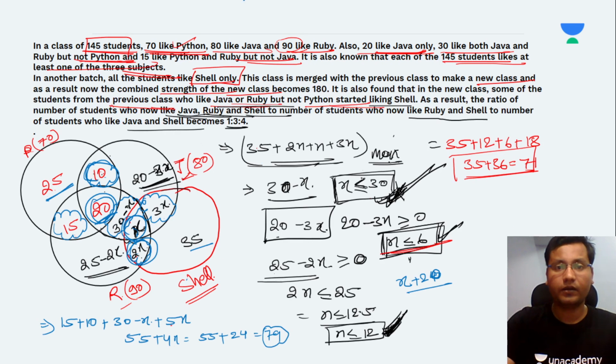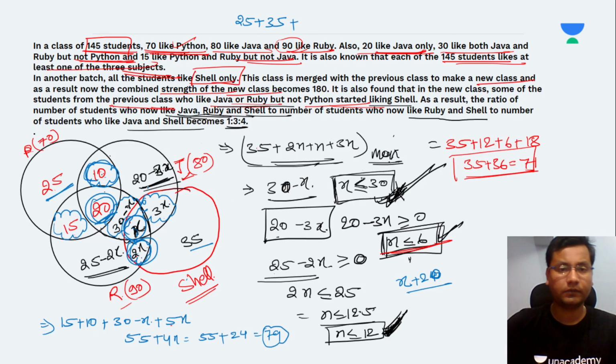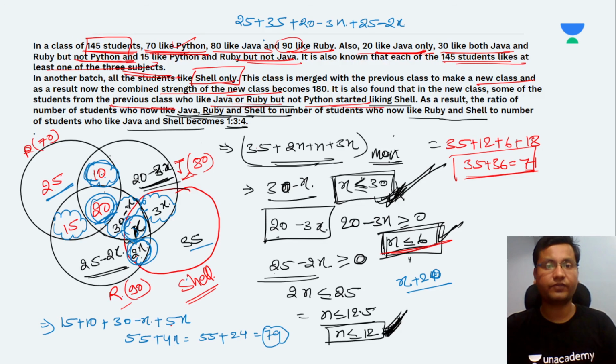So this is 25 plus 35 plus 20 minus 3x. 20 minus 3x. Okay, and then 25 minus 2x. Okay, 25 minus 2x. So add them all.